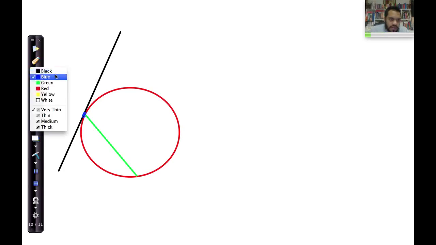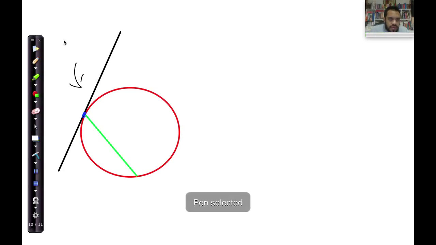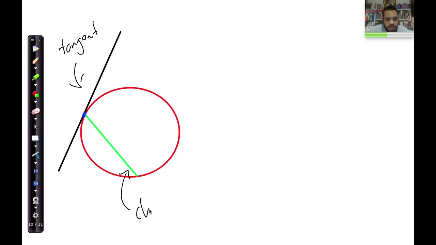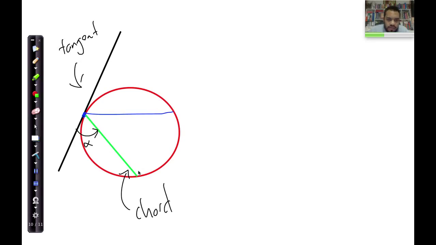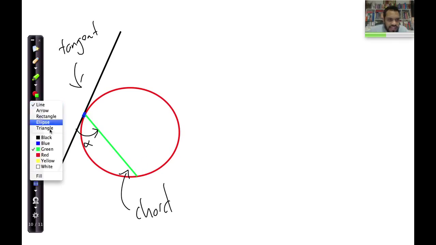Okay, so that's my tangent. That over there is my chord, and this over here will be my angle between the tangent and the chord, alpha, right? Now I'm going to call that alpha, and any angle on the circumference that is subtended by that same chord, like that, for example. Okay, let's do this professionally. Let's get a line going.